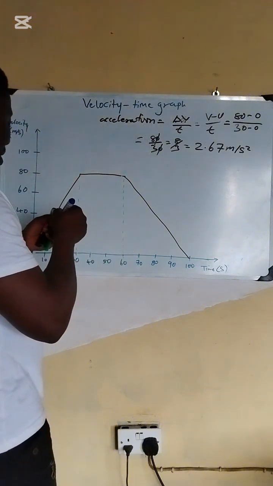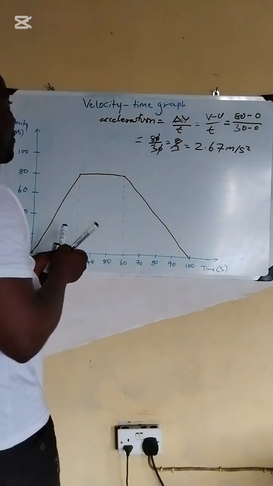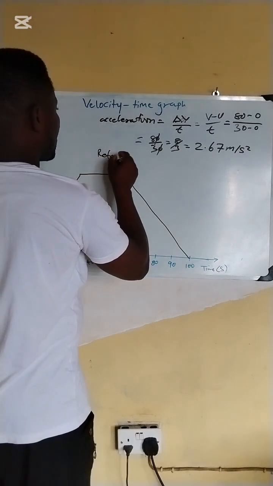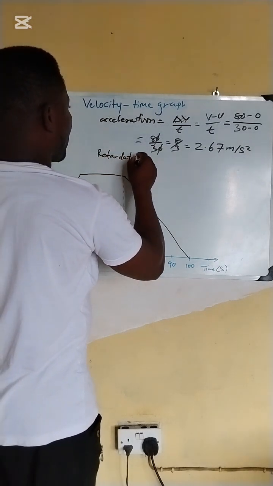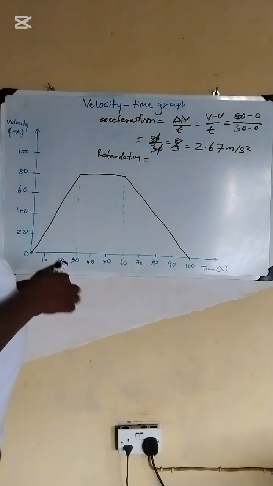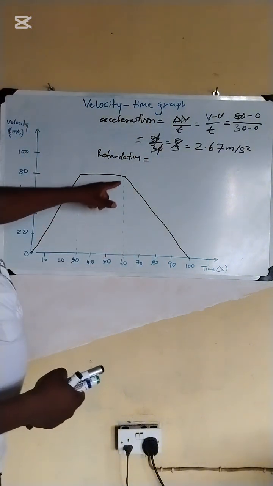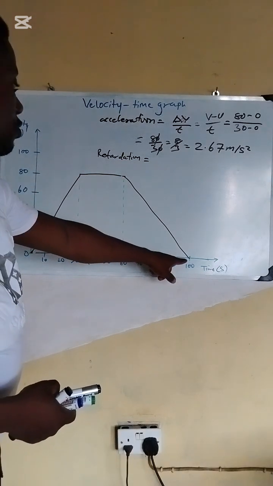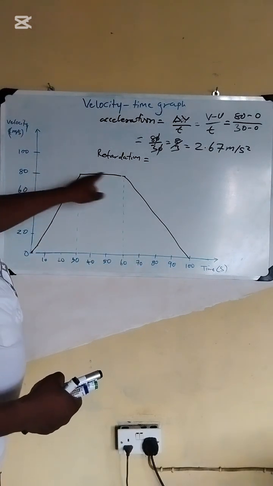Retardation is negative acceleration. So we now write that retardation, or deceleration, is equal to, look at where the car started to come to rest.